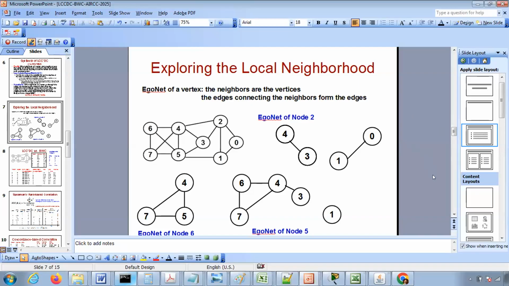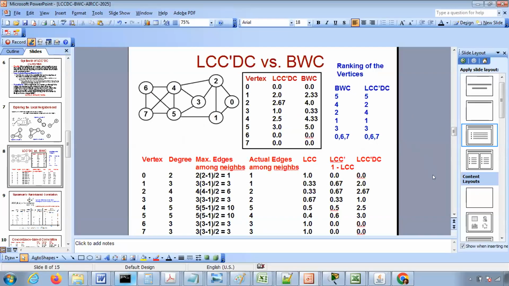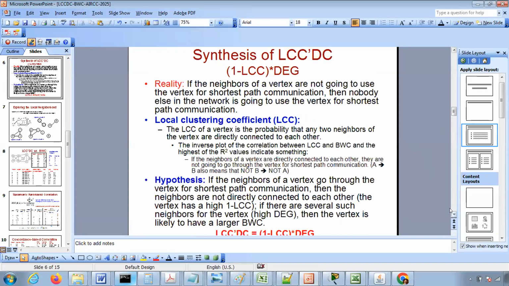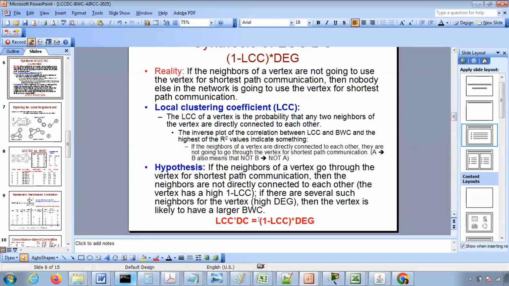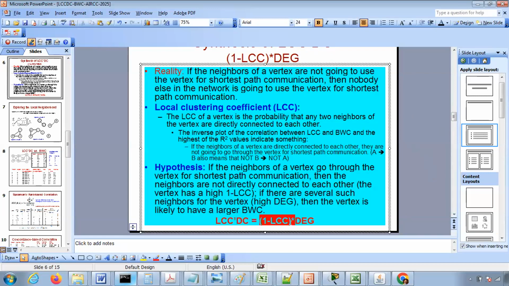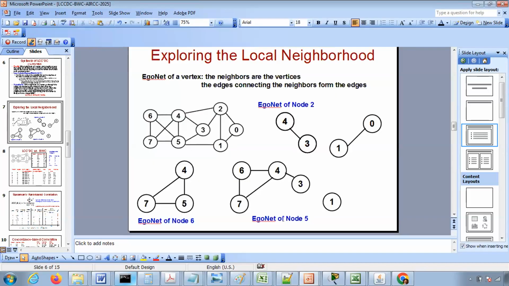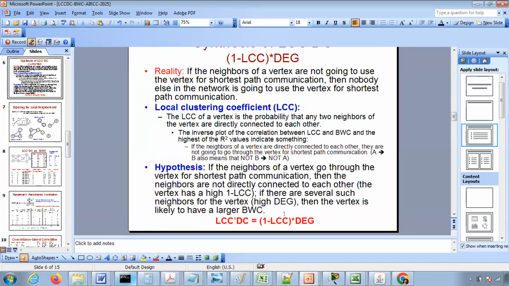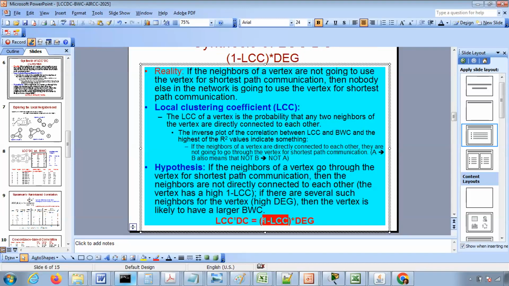So this leads us to the synthesis of a new metric called LCC prime DC as the product of the complement of local clustering coefficient, which is 1 minus LCC. As I said, if LCC is 1, like node 6, then nobody needs to go through node 6 for shortest path communication. On the other hand, if LCC is low, like that of node 5, then several of its neighbors are going to go through node 5 for shortest path communication. So that's why you take the 1 minus of LCC.